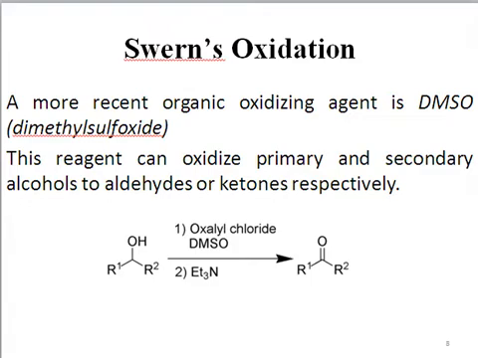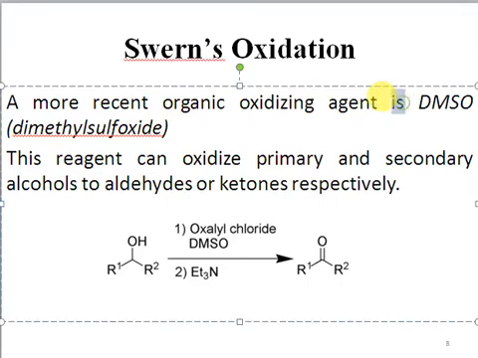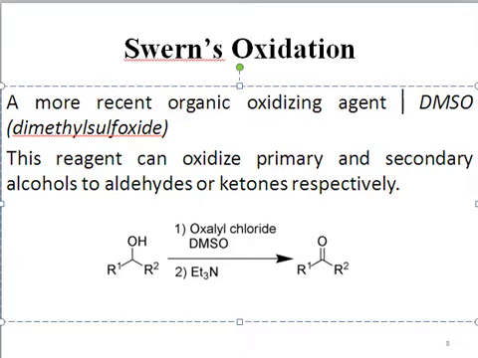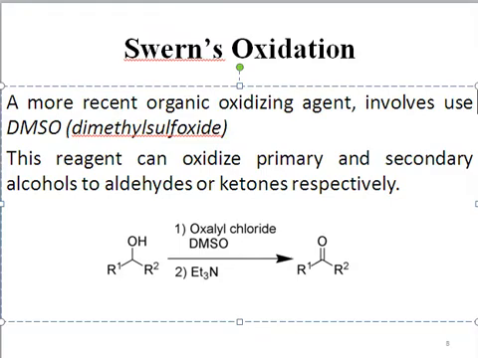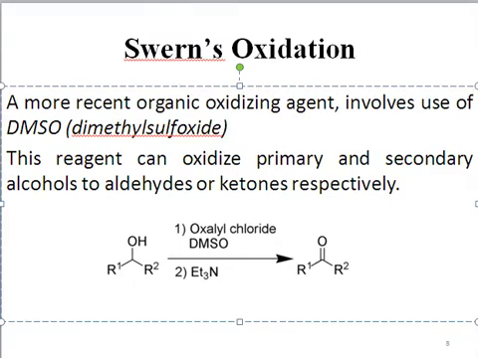Right, so let's consider the first organic reagent which is used for the oxidation. This reagent is known as the Swern's reagent, and the oxidation is known as Swern's oxidation. This is a much more recent organic oxidizing reagent, and that involves the use of dimethyl sulfoxide, shortly known as DMSO.